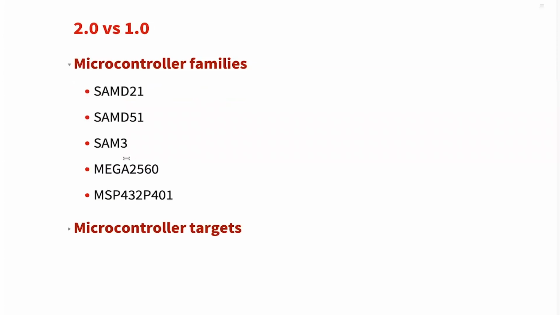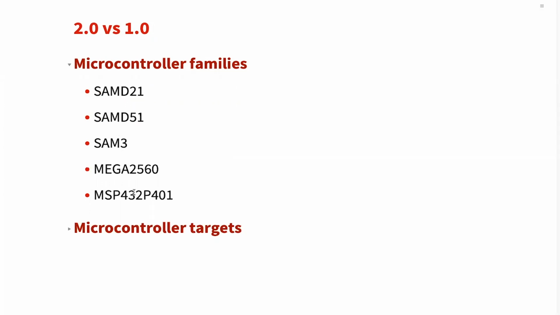So one of the first things we released in between 1 and 2 was the Atmega 2560, which is the microcontroller behind the Arduino Mega 2560. We released the SAM3 microcontroller family, which is part of version 2 and is behind the Arduino Due.